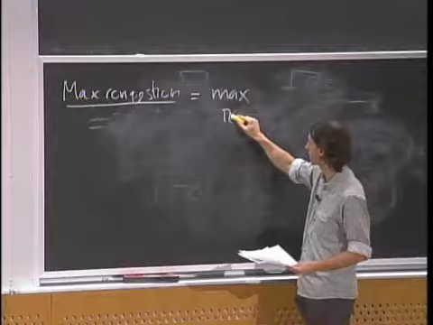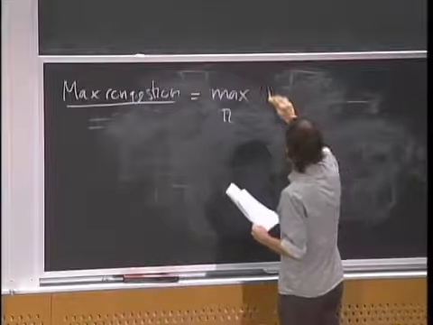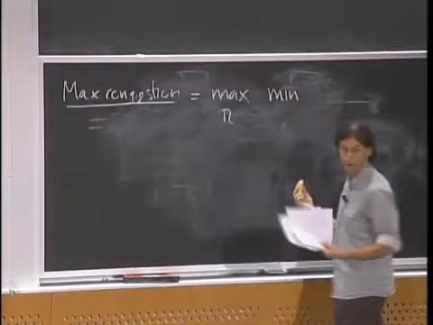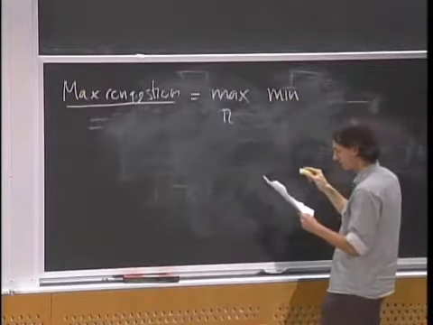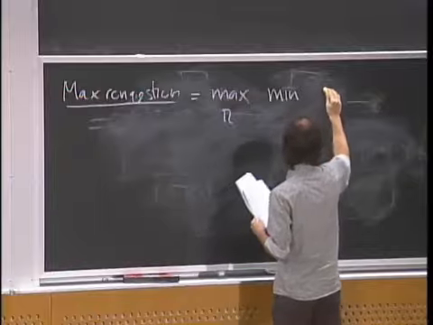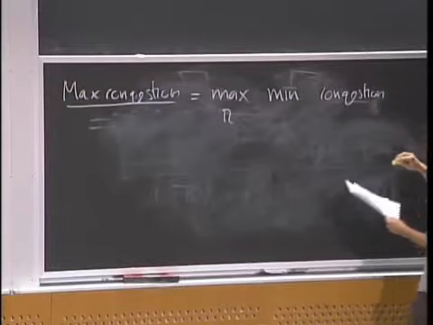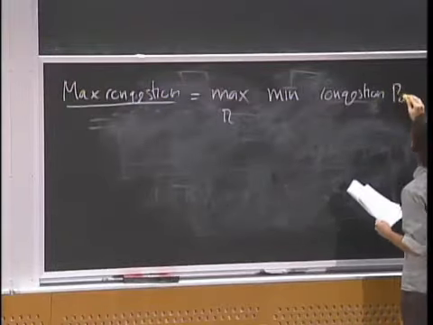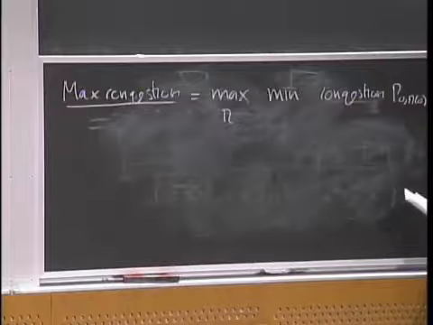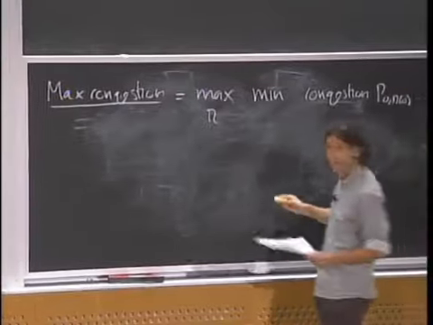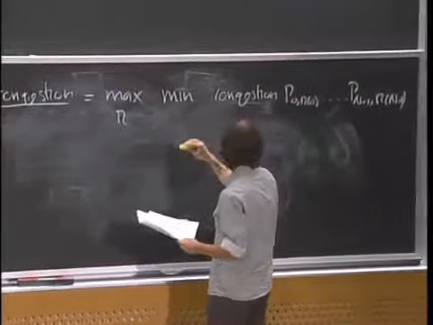So in the worst case, how can I solve it the best? I want to find the minimum congestion of paths over here. And the minimum is over these types of paths.